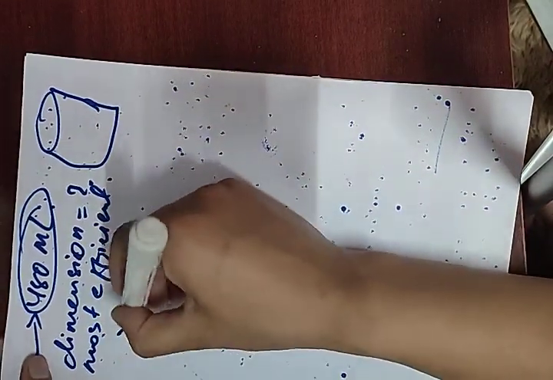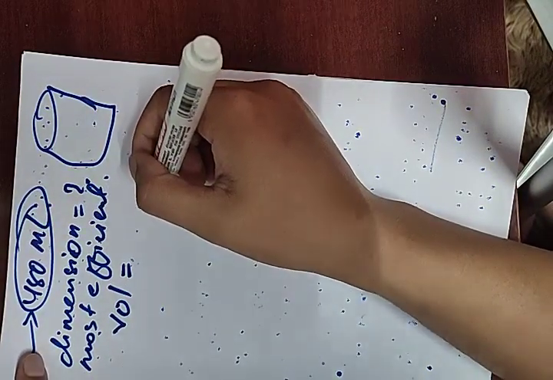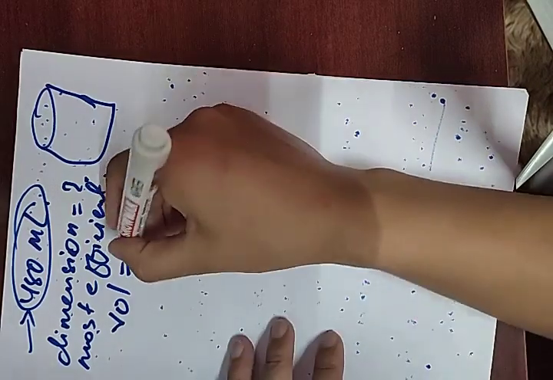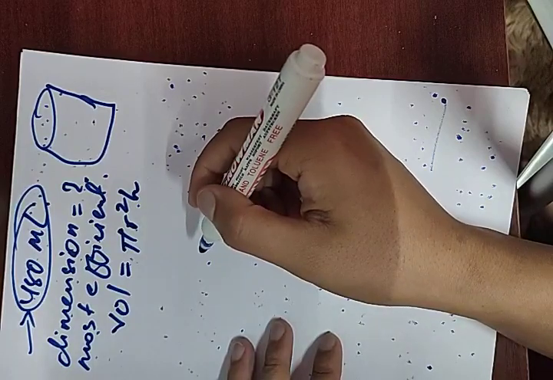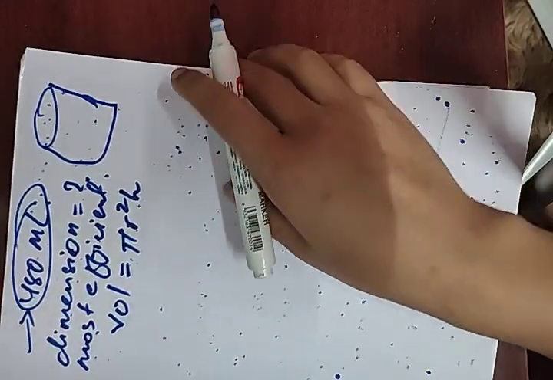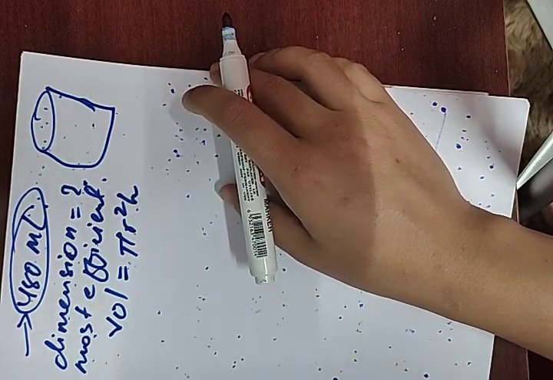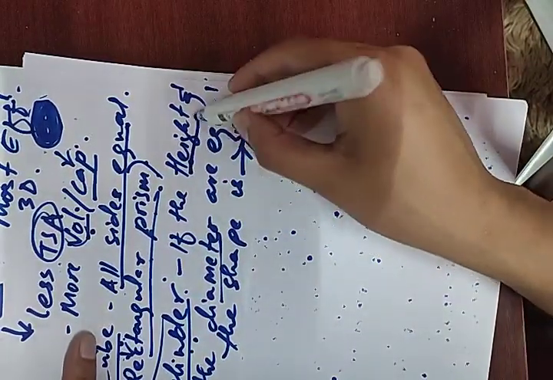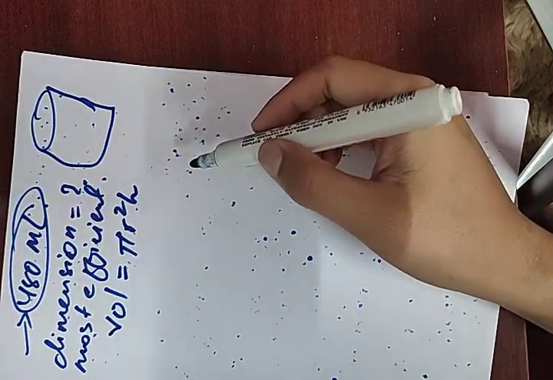find through the formula of volume of a cylinder. The volume of a cylinder is given by pi r square h. In an earlier concept, we have learnt that a cylinder with equal height and diameter is said to be most efficient.